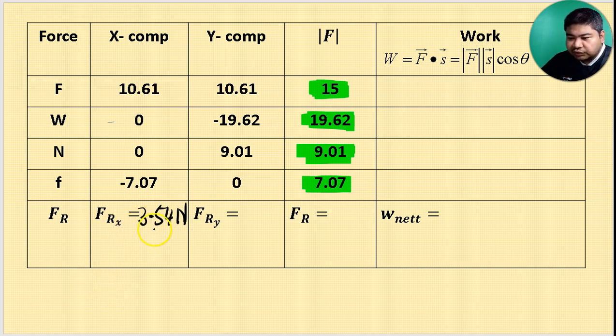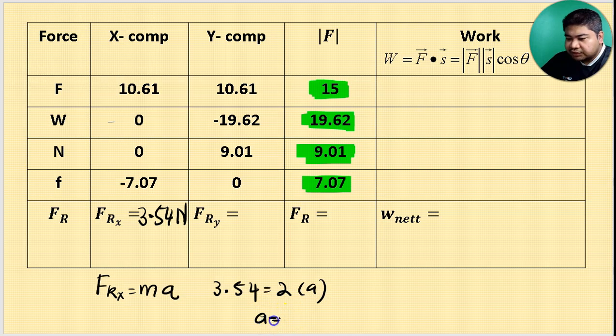If you use the equation to calculate the acceleration, Fr of x equals m times a, so 3.54 equals 2 times acceleration. So the acceleration equals 1.77 meters per second squared, which is the value given to us in the question. Alright, so we get that part right.